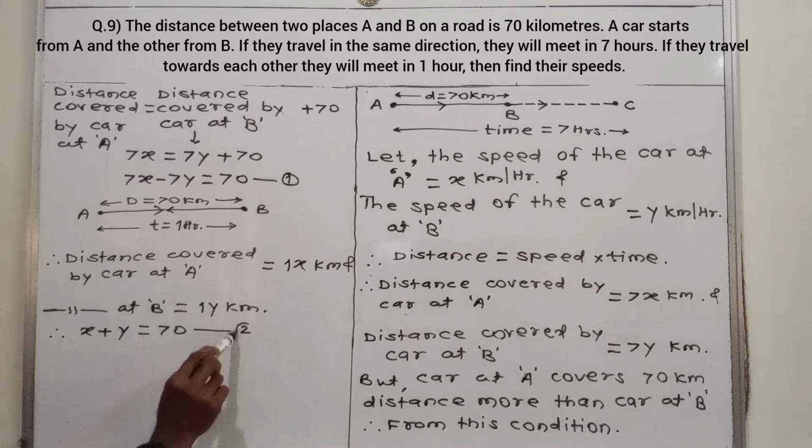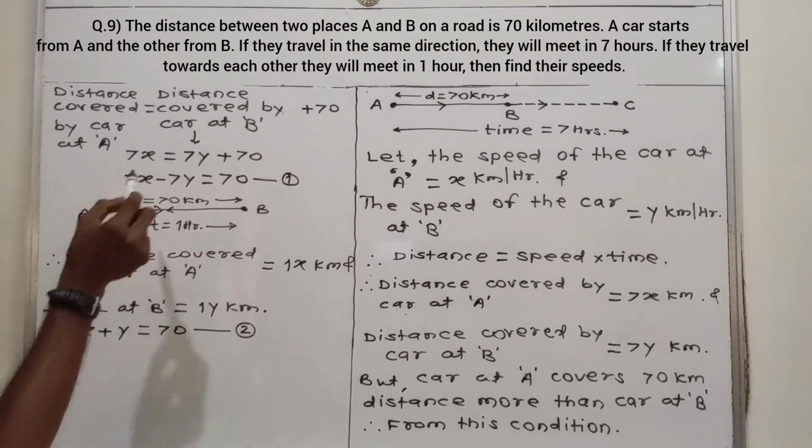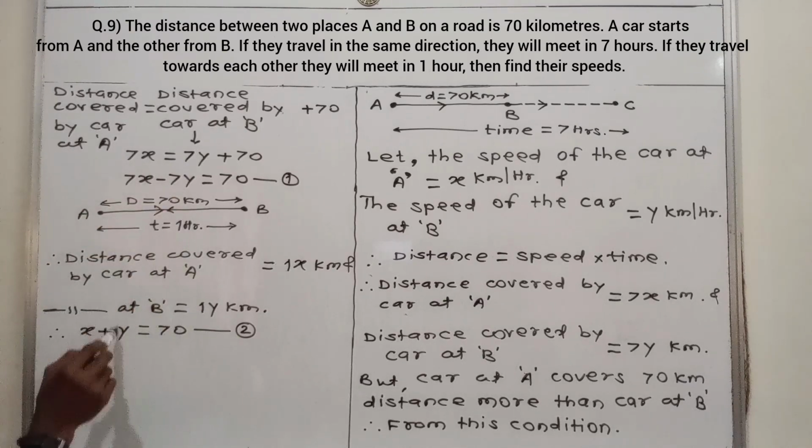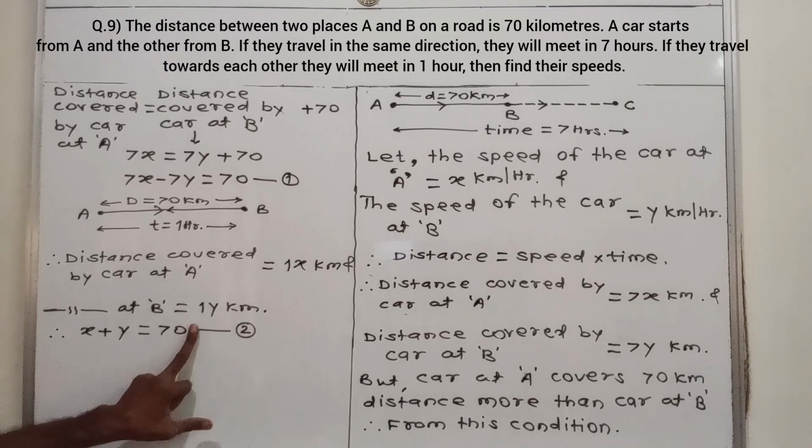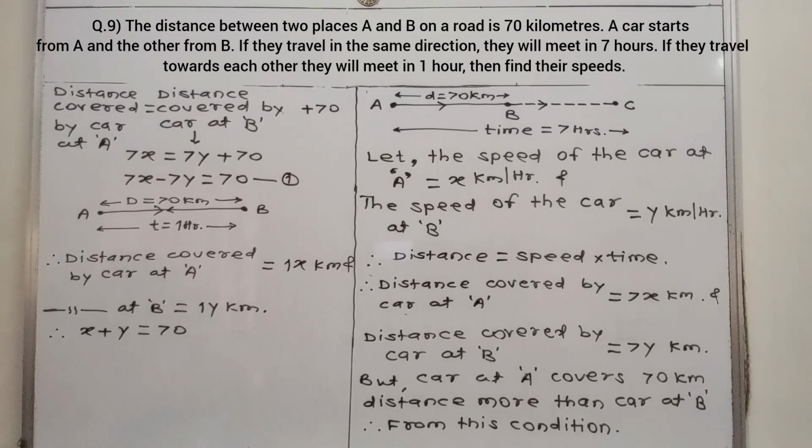Did you get it? Now, for elimination of y, or another method also, substitution method. We can use that substitution method also. That is very, very simple. Did you get it? We take this x to the right side.